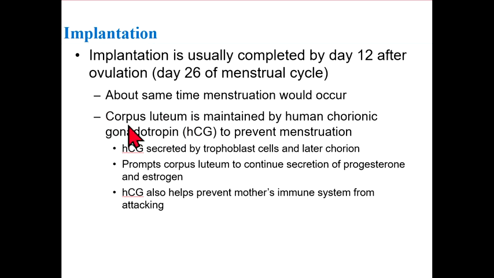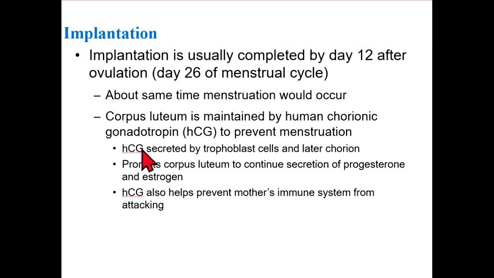Now, recall the corpus luteum that's inside the ovary, which released the egg to begin with. That needs to be maintained, because without the corpus luteum, the female would have menstruation. So the corpus luteum is maintained by a hormone called human chorionic gonadotropin, or HCG, and that prevents menstruation. HCG is secreted by the trophoblast cells, which later become the chorion, and HCG maintains the corpus luteum.